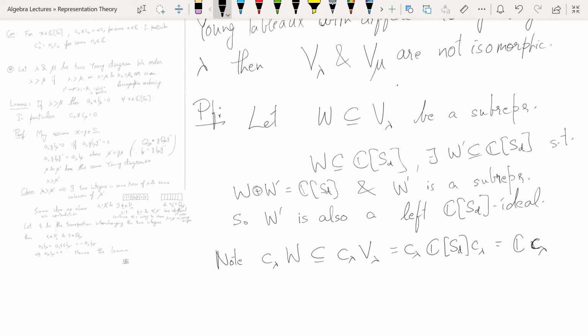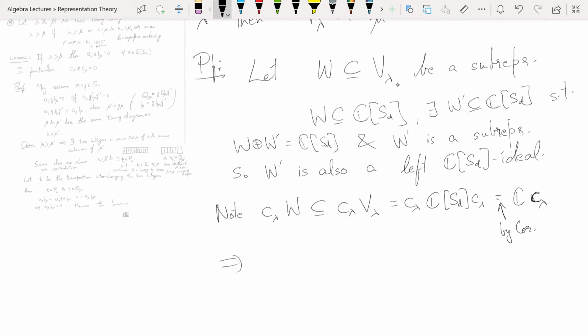So this is where we are using the lemma from the corollary. C lambda x C lambda is some constant times C lambda, so it is actually a one-dimensional subspace. That tells you that C lambda W is either C times C lambda or it is zero, one or the other.